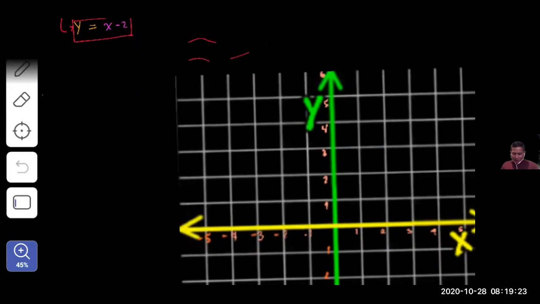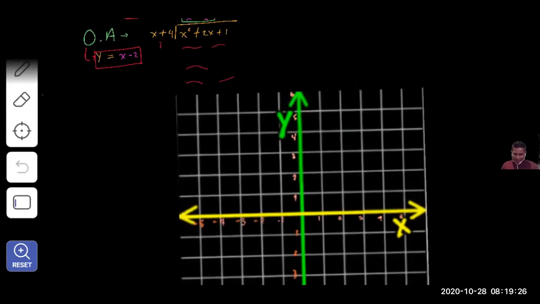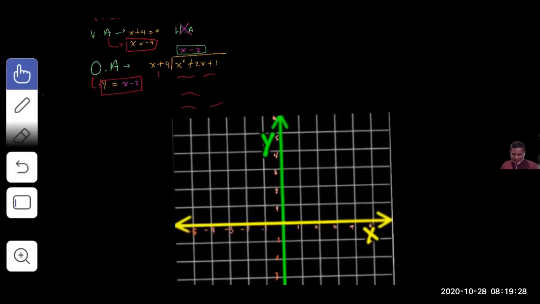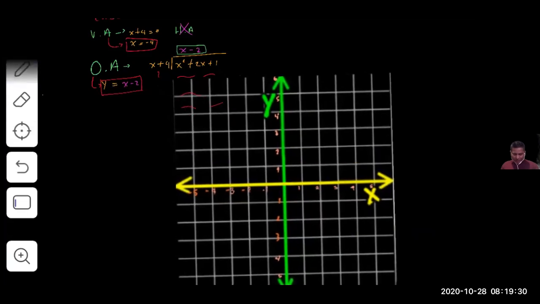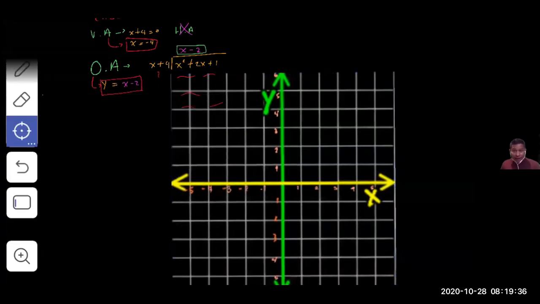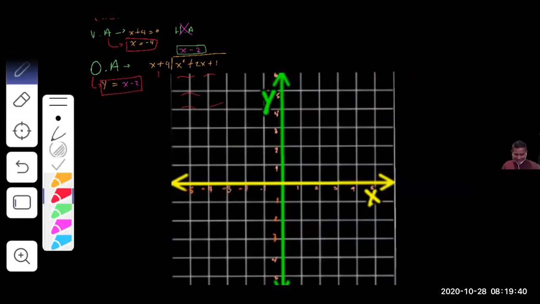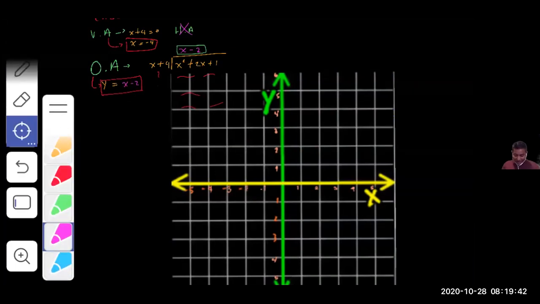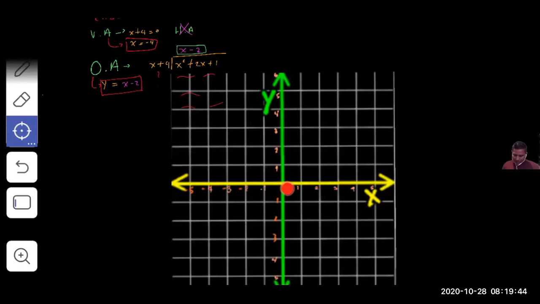Okay, guys, let's move on to the graph. This is the most important thing. What I'm going to try to do is represent my vertical asymptote and my oblique asymptote. Can someone help me? Oh my gosh, 3 minutes. What is my vertical asymptote? Negative 4. 0, -1, -2, -3, -4.